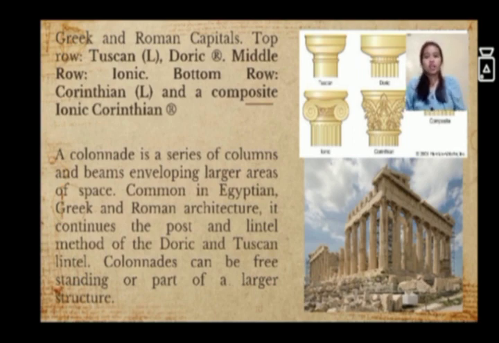So this Greek architecture is called Parthenon, and it is a Greek temple to the mythic goddess Athena. So we are all familiar with Athena, the goddess of beauty. And it was built in the 5th century BCE in Athens.